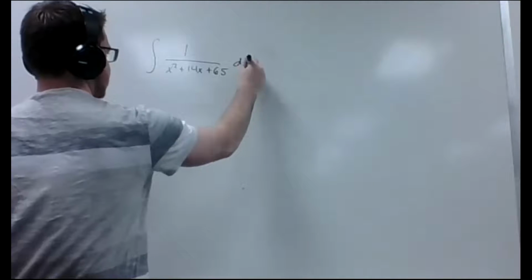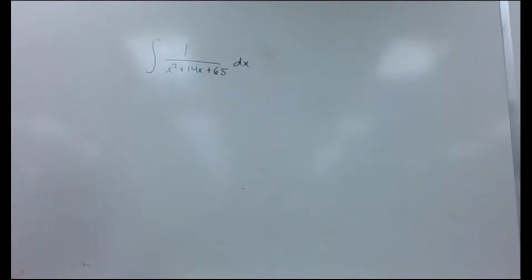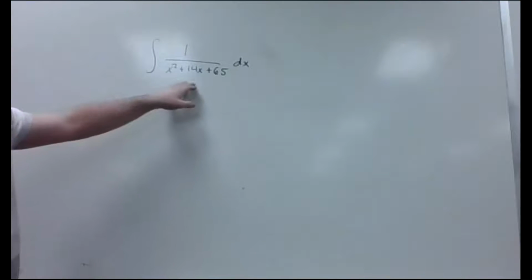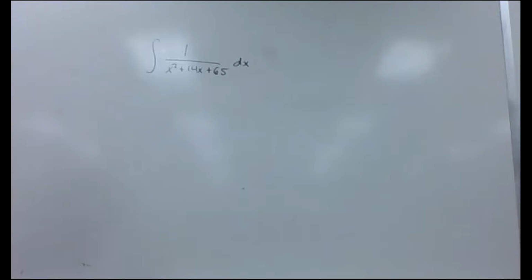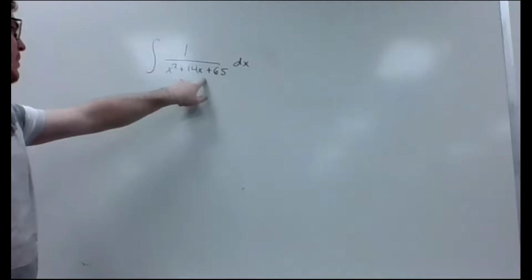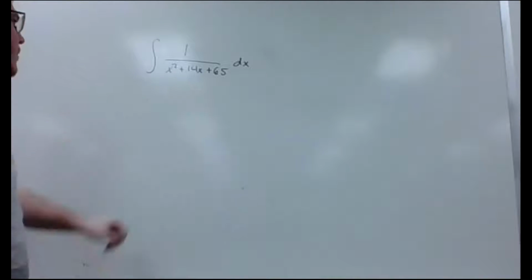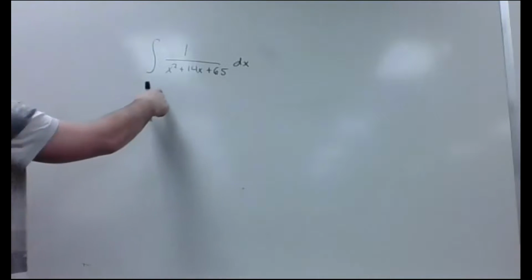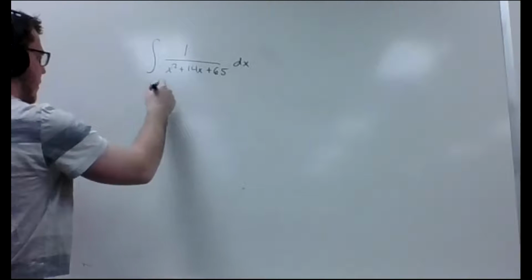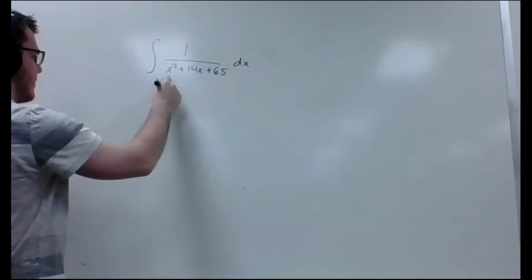If we're looking at this integral problem, u substitution doesn't really work here. And it's not really just a general power rule because this is in the denominator, so this is a complete the square problem.